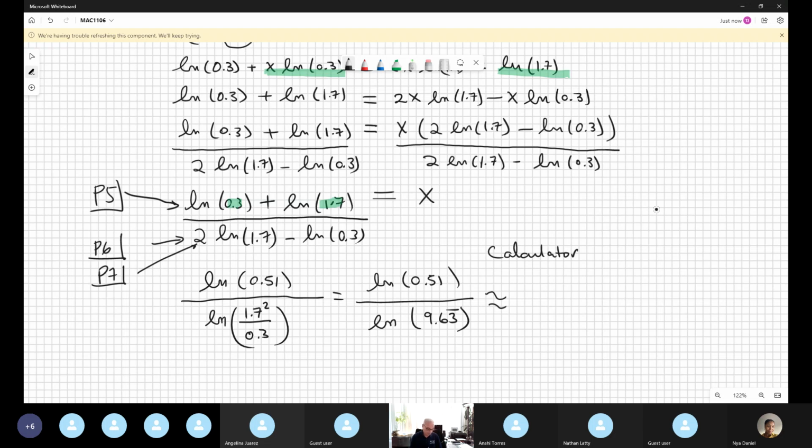Suppose it is natural logarithm of 0.51 divided by natural logarithm of 1.7 squared divided by 0.3. Get the same I did before.